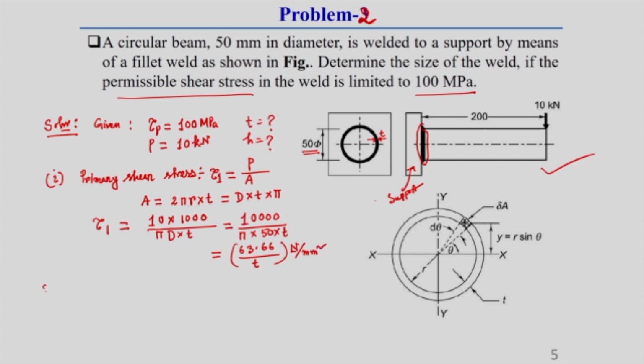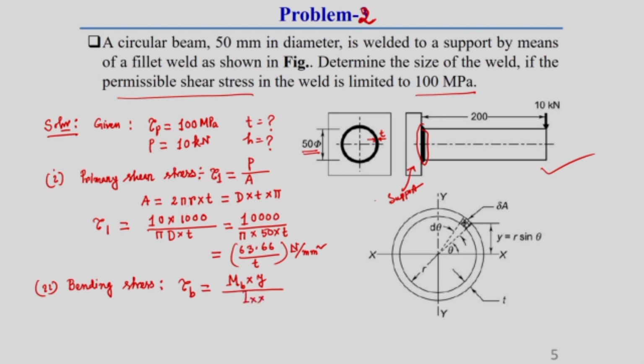Now, second step is to find out the bending stress. So, bending stress we know sigma b equal to M_b into y divided by Ixx.